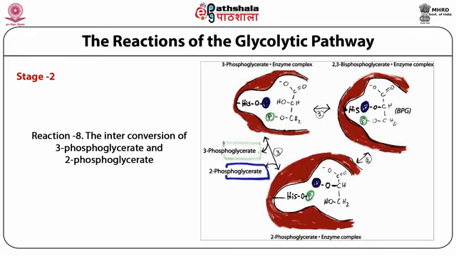In step 1, the substrate 3-phosphoglycerate binds to the enzyme active site and is phosphorylated at the carbon 2 position by a transfer reaction involving the histidine phosphate group. This type of substrate interaction with the enzyme is non-covalent and referred to as a substrate-enzyme complex.